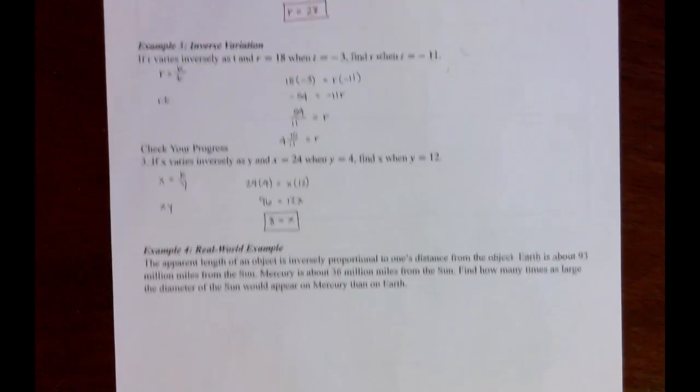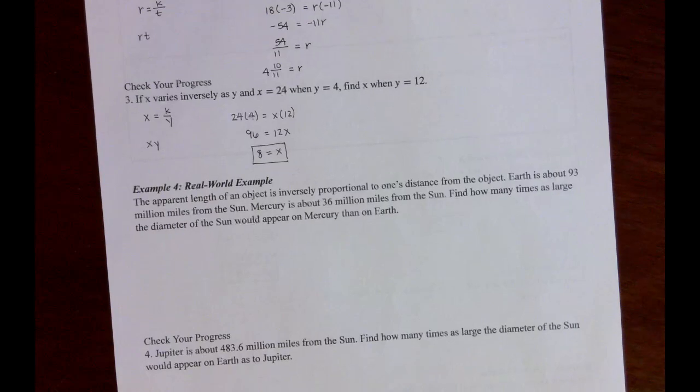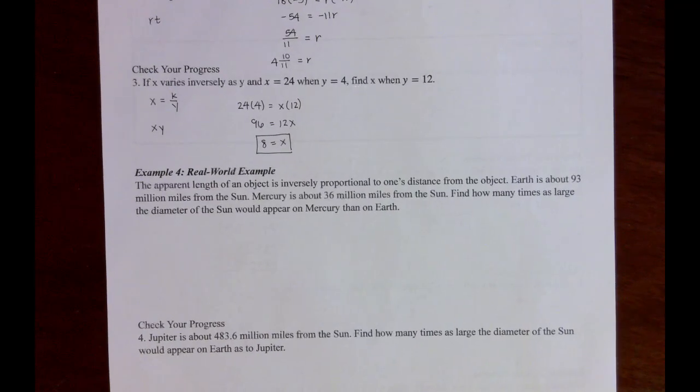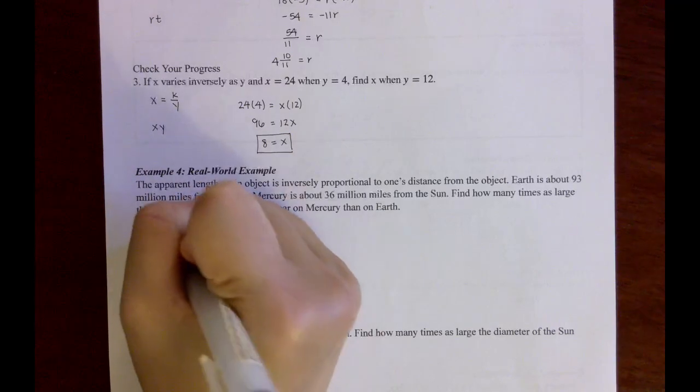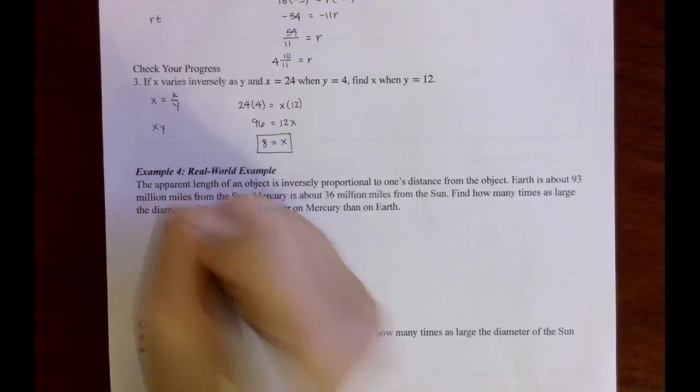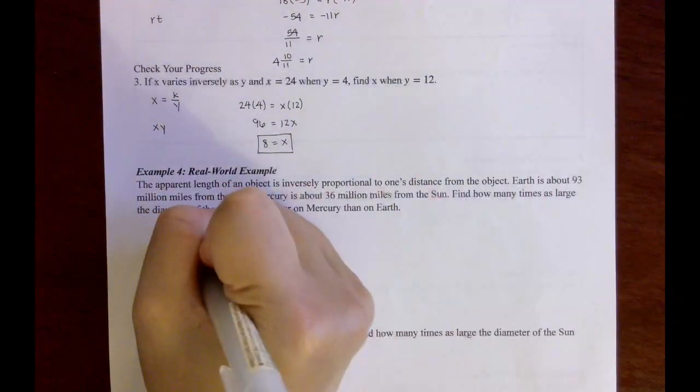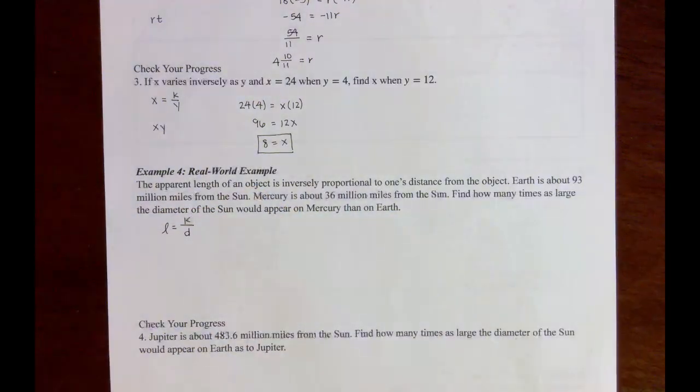So here is our last problem. The apparent length of an object is inversely proportional to one's distance from the object. So what that tells me is that the length is k over one's distance.